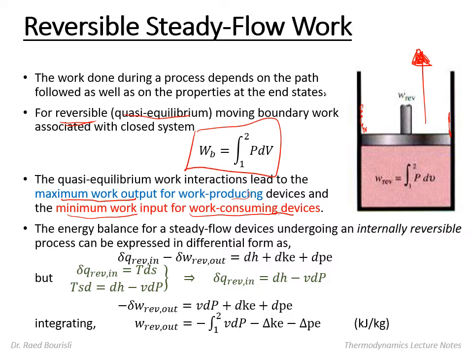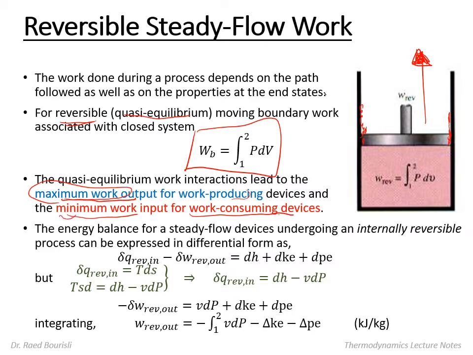Because if the expansion involves no friction, no work lost to overcome friction and to deal with unrestrained expansions and all types of irreversibilities, then all of the boundary work will go toward the work output. I can realize all the boundary work as a work output.